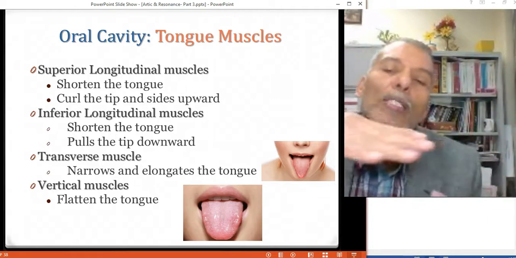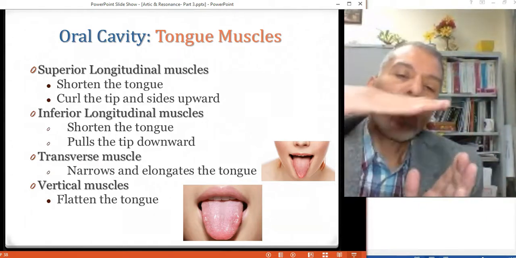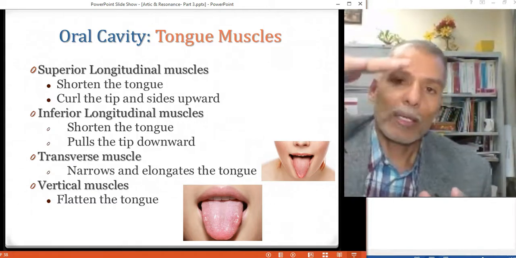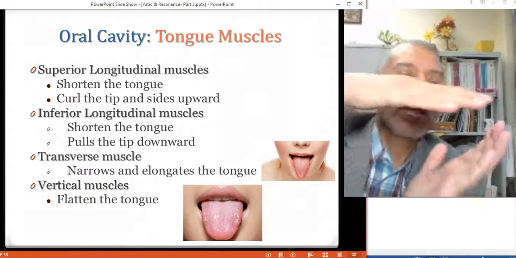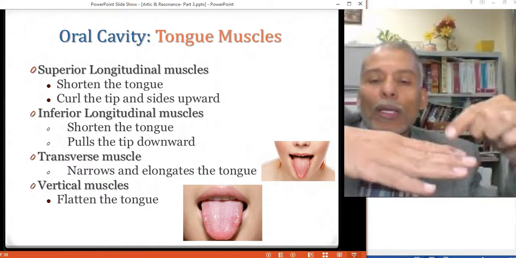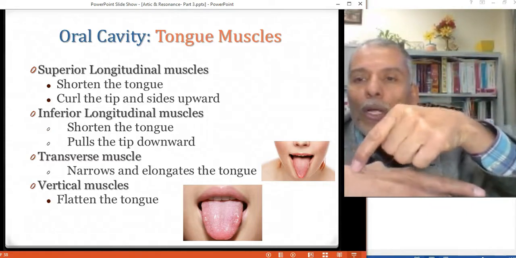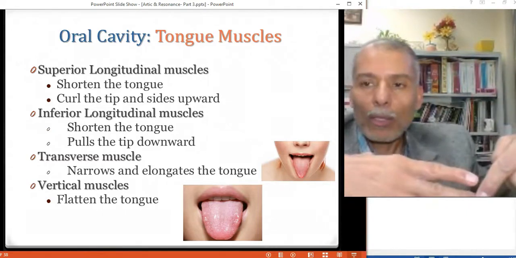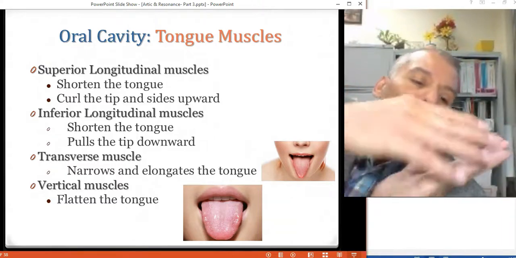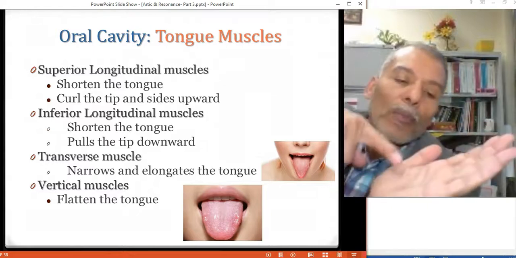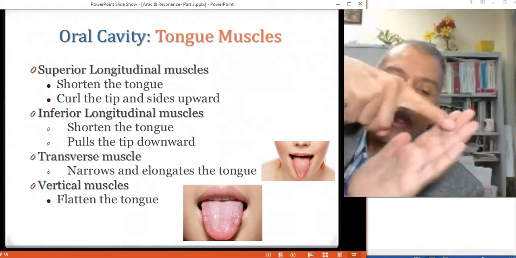And because there are two of them, one on top making the superior surface of the tongue, and one making the inferior, we call the top one the superior longitudinal tongue muscle, and the lower one we call the inferior longitudinal tongue muscle.